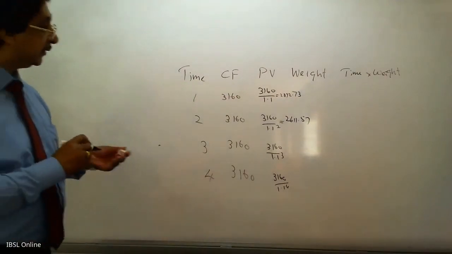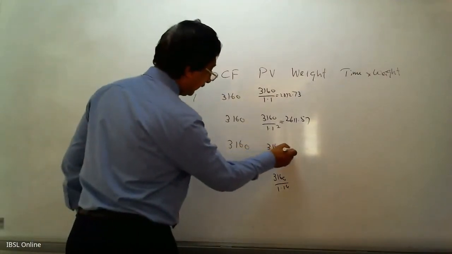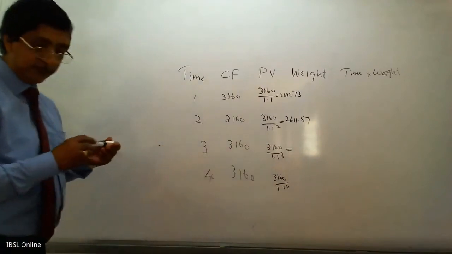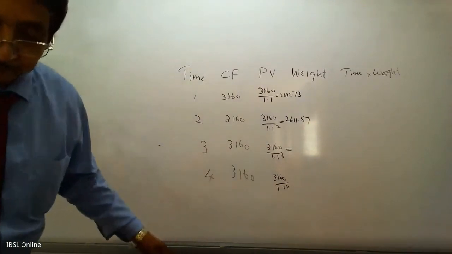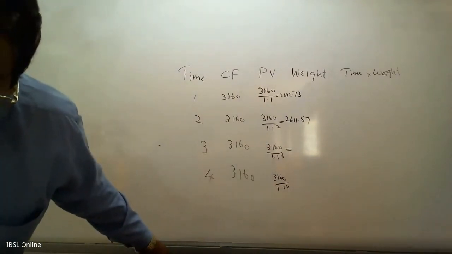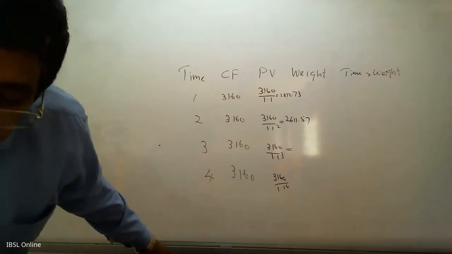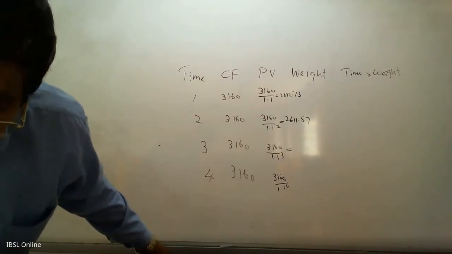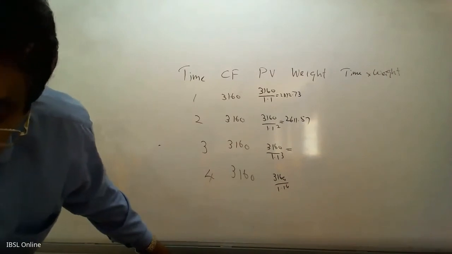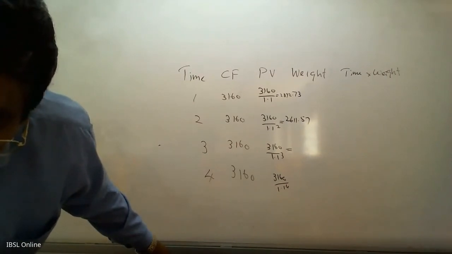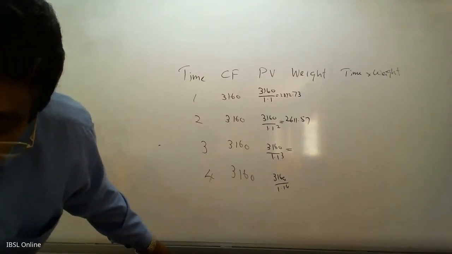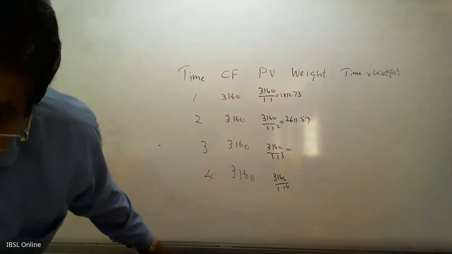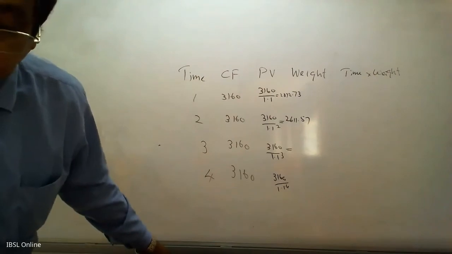Then you get 3,160 divided by 1.1 to the power 3, which is $2,374.15.